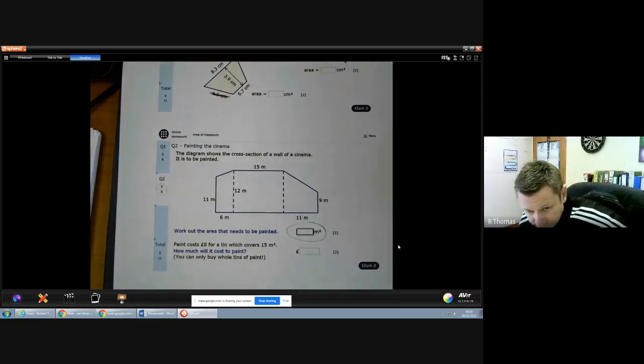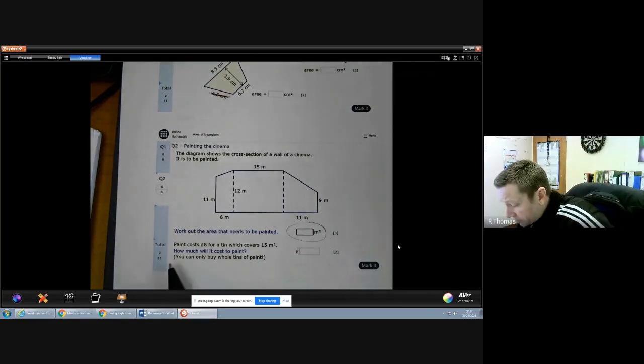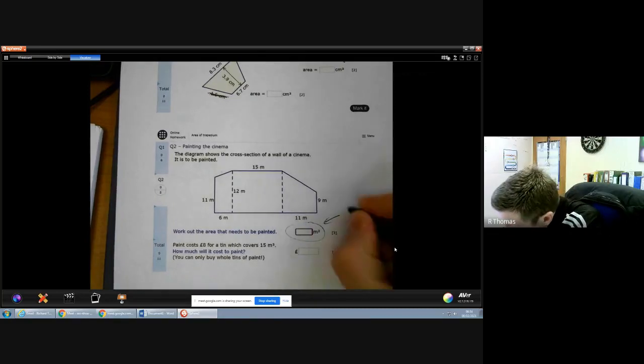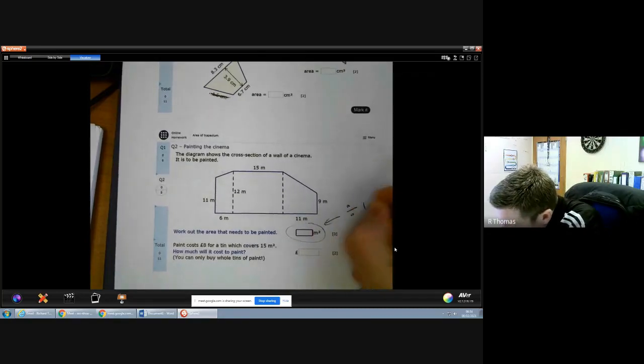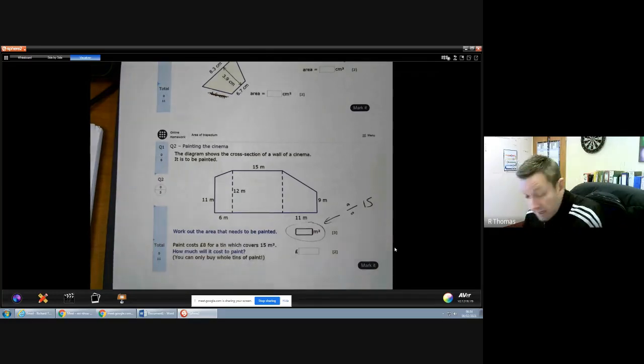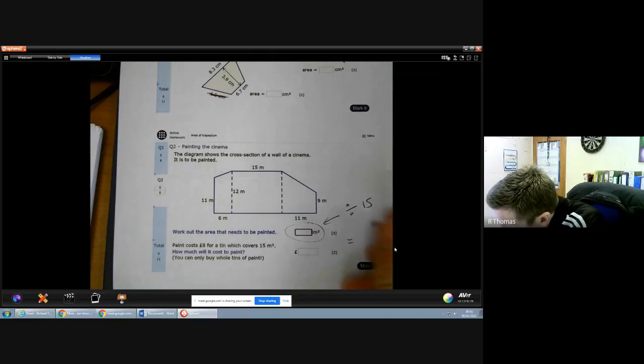Easy peasy. It then says, paint costs £8 for a tin, which covers 15 meters squared. How much will it cost to paint? So once you get this answer, divide it by 15, or whatever your number is there, and that will give you the number of tins that you need. Now I'm just going to make something up, all right? Let's say my answer came out as 8.6.